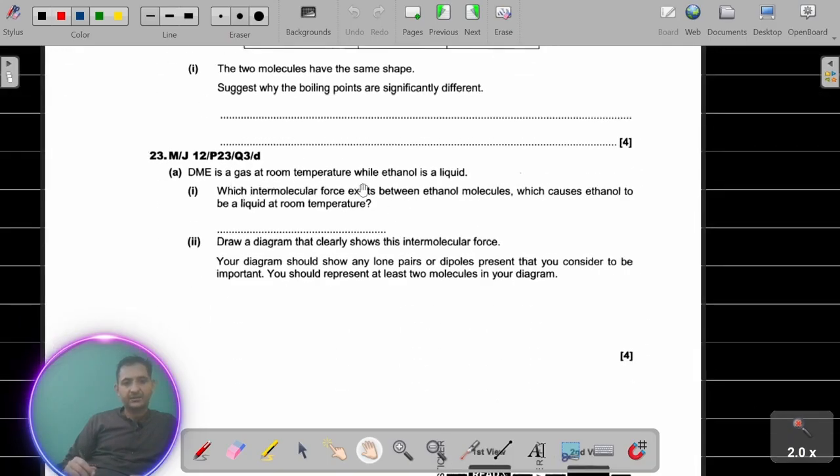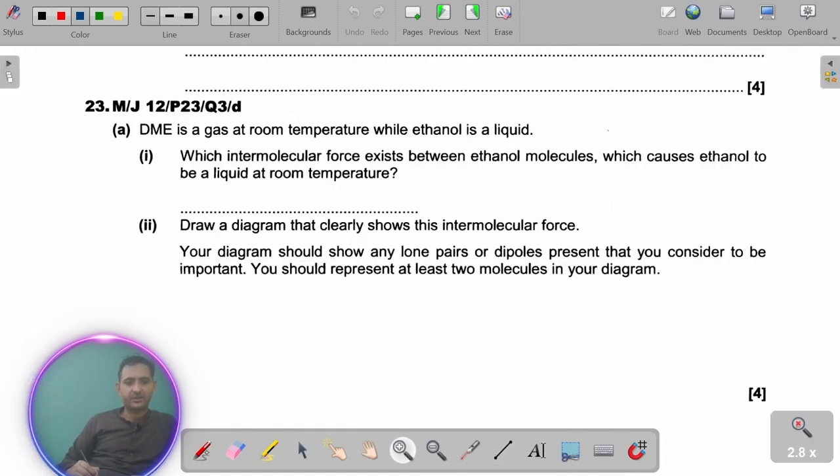Dimethyl ether is a gas at room temperature. Ethanol is a liquid. Which intermolecular forces between ethanol molecules cause ethanol to be a liquid? It is hydrogen bonding. Okay, in ethanol there is hydrogen bonding. The diagram should show the intermolecular forces.